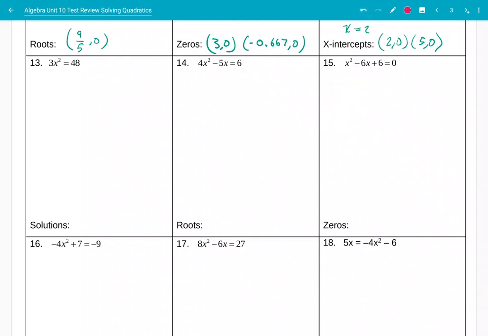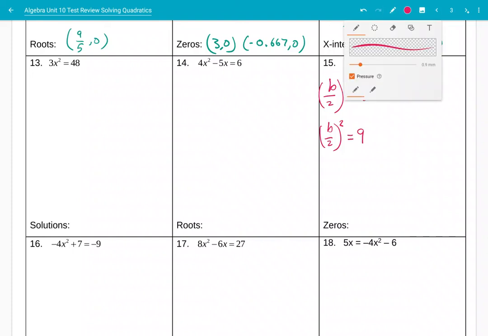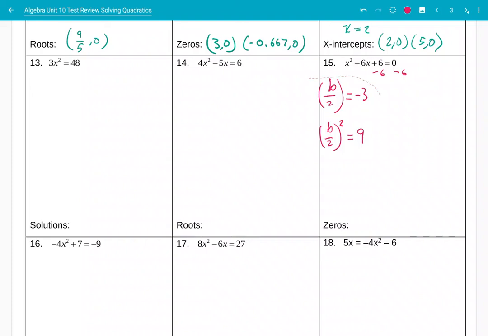So let's do that. I write down both b over 2, which is minus 3, and b over 2 squared, which is the magic number. So that's going to be a 9. Because we're going to use both of those. First off, we're going to move this 6 over.